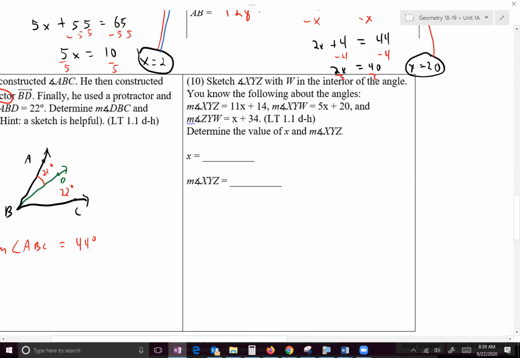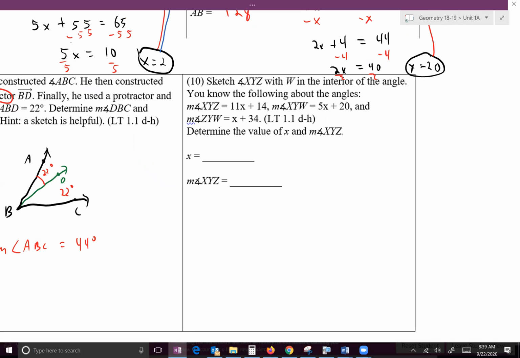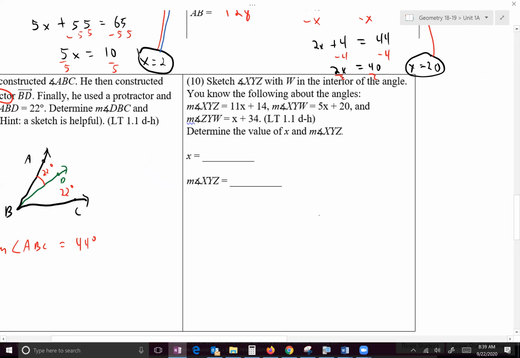All right, same thing here. Got angle XYZ. So Y has got to be in the middle or at the vertex because it's in the middle. And it doesn't really matter where X and Z are, I could flip-flop those, that's okay.